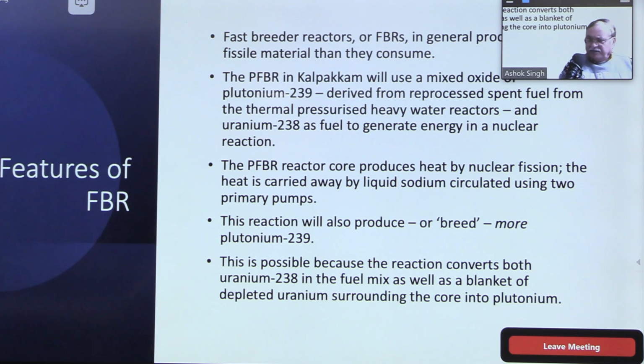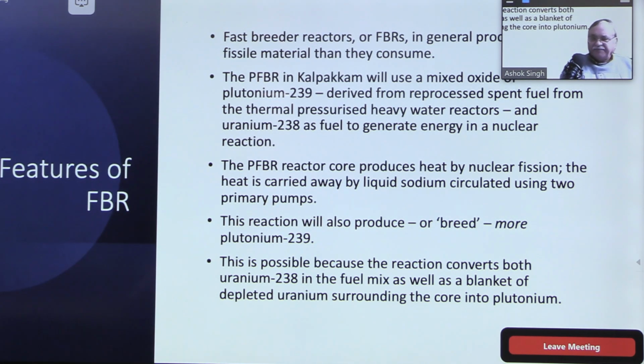This PFBR design is using a mixed oxide of plutonium-239 and uranium-238. So mixed oxide, you'll sometimes find that abbreviated as MOX.